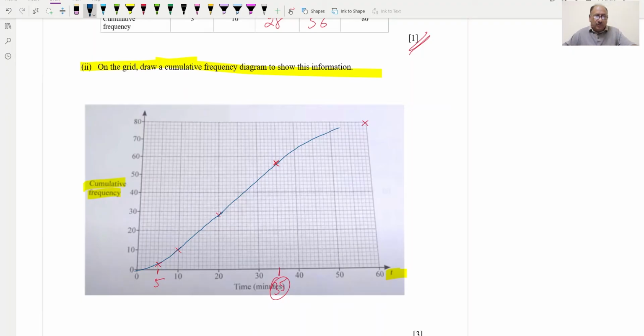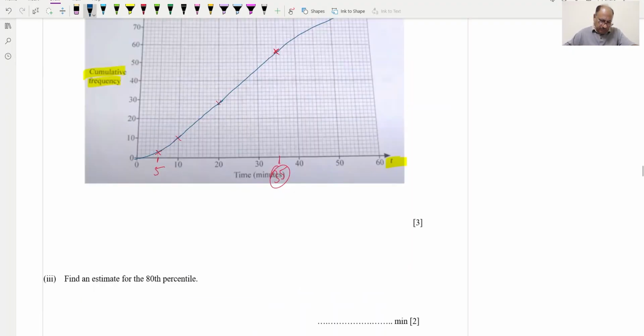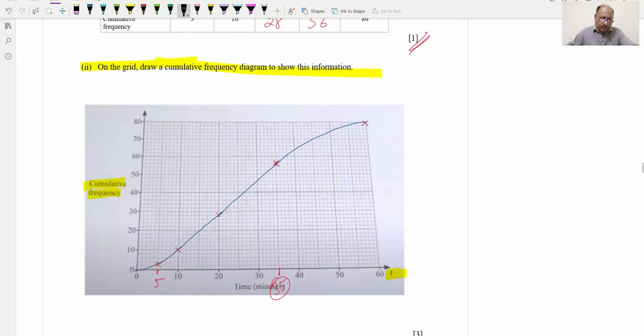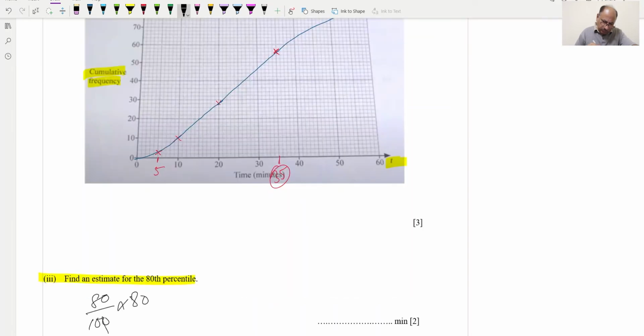Now next they're saying, find an estimate for the 80th percentile. 80th percentile means what? It will be 80% of the total value, which is also 80. So 80% of 80 is 64.